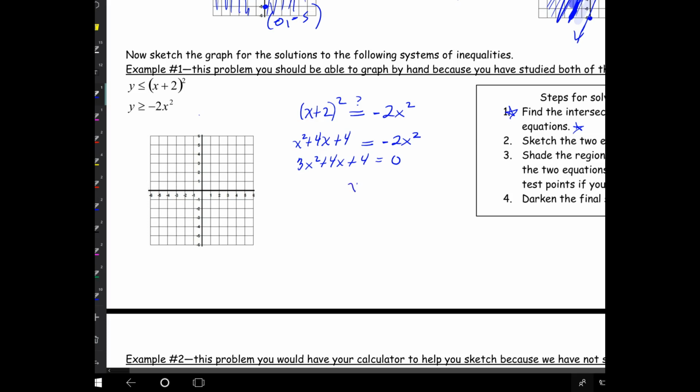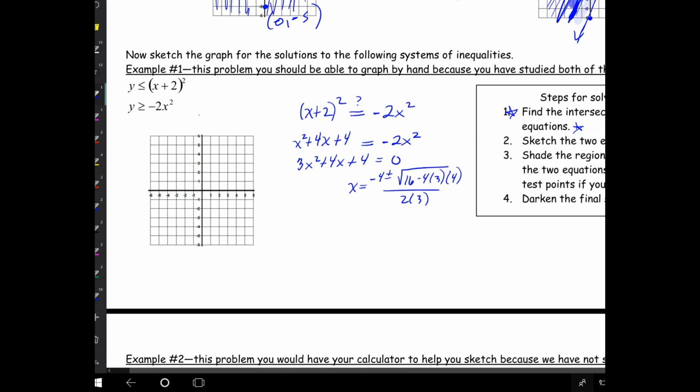Quadratic formula: x equals the opposite of b, plus or minus the square root of b squared, so what's 4 squared? 16, minus 4 times 3 times c, which is 4, all over 2 times the value of a. Something I noticed right off the bat here: -4 times 3 is -12, and -12 times 4 is -48.